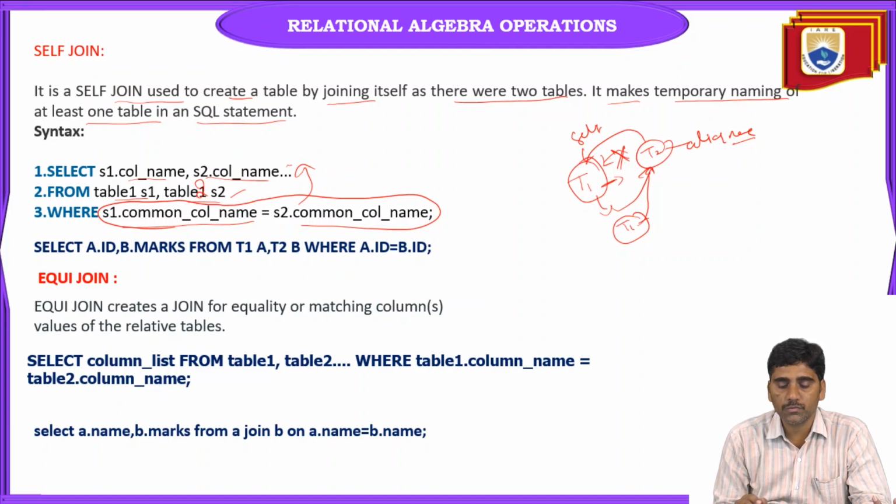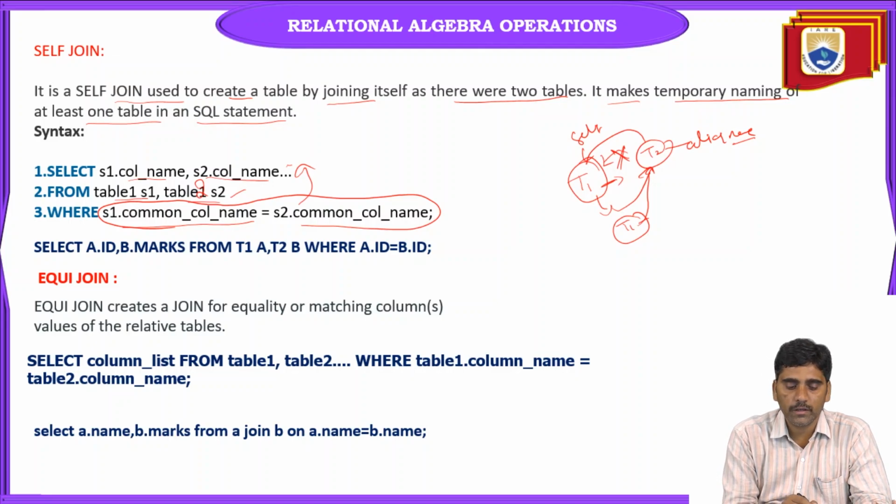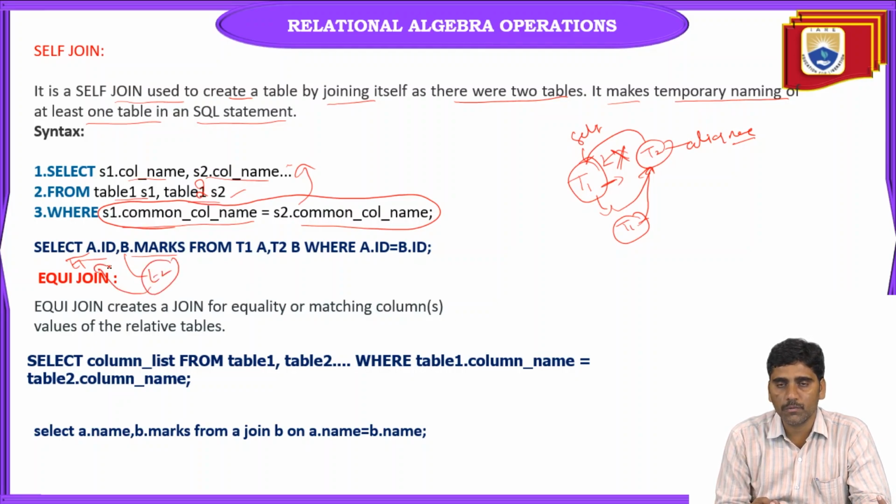So now the s1 column name will be displayed and the alias name column name is also displayed from the two tables. Here is an example: select A dot ID, comma, B dot marks. Here A is table 1 and B is table 2, which is the alias name of table 1.